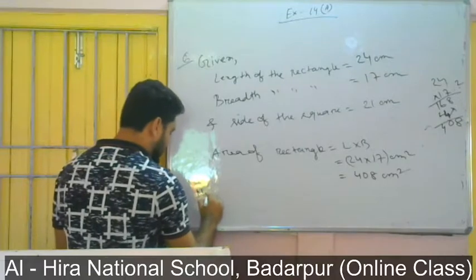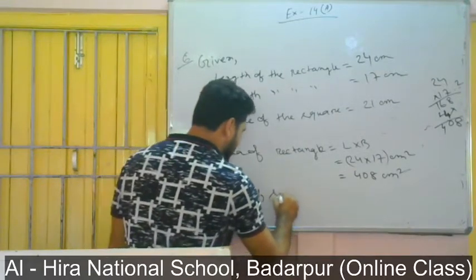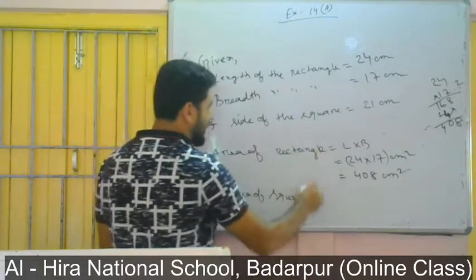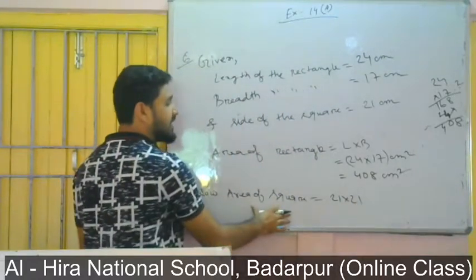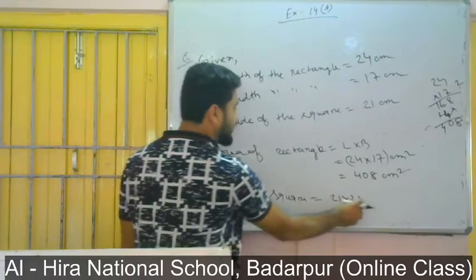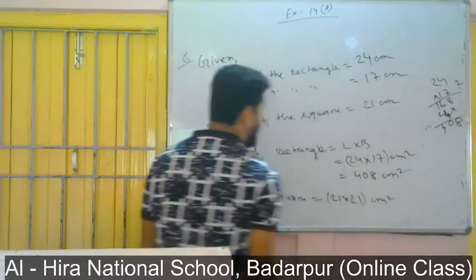Right now area of square will be 21 into 21. We know area of a square equal to side square. So side square means side into side. So 21 into 21. Okay. Centimeter square. Okay.